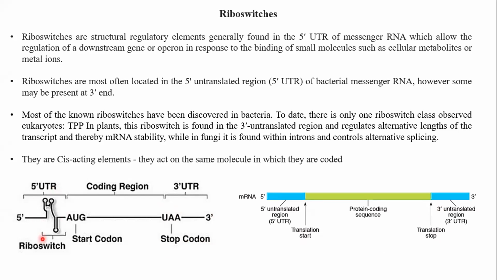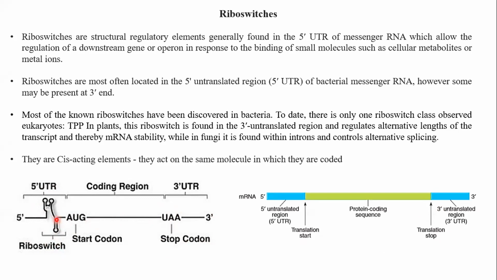In this topic, we are interested in this riboswitch, which is located in the 5' UTR region. Now, you can see this riboswitch is forming a secondary structure. This is the primary structure. It's single stranded, it is mRNA, so obviously this is a single stranded structure. But here it is forming the secondary structure in the form of stem and loop.